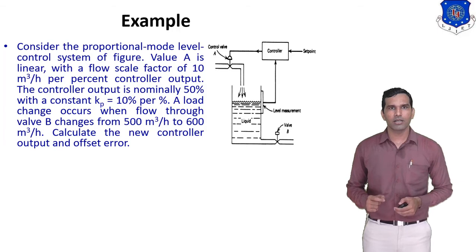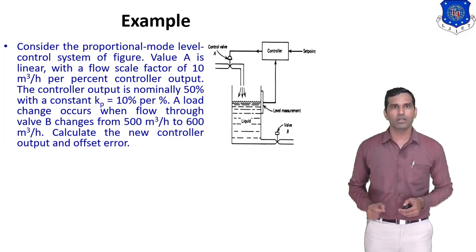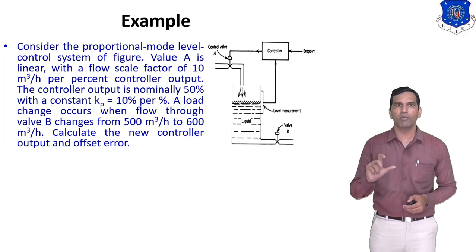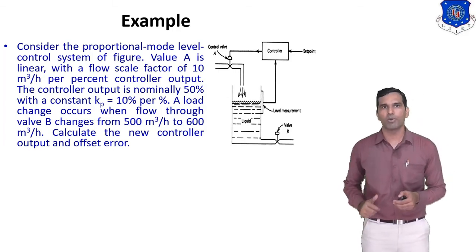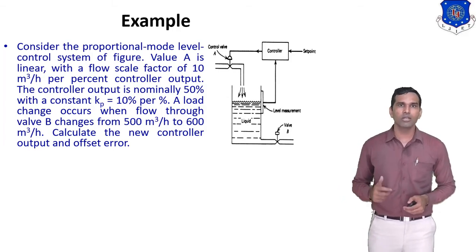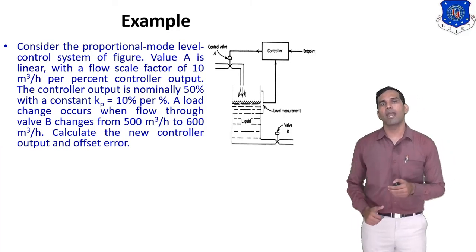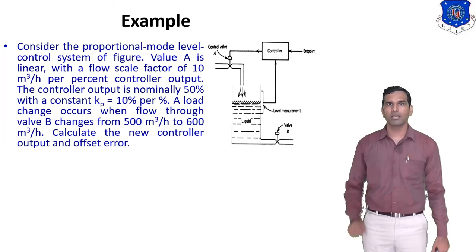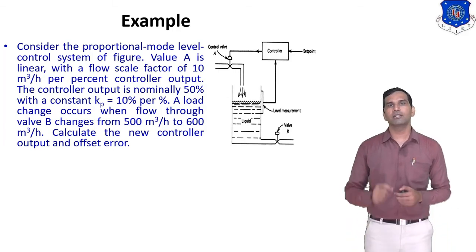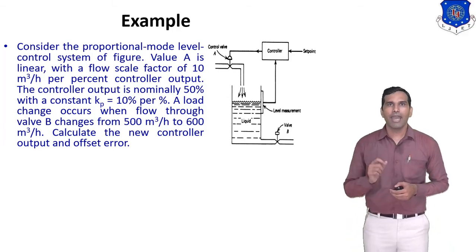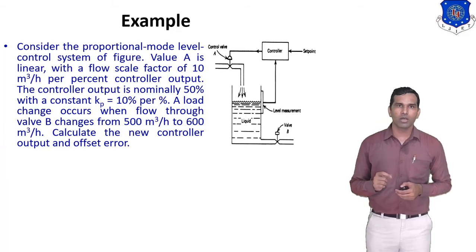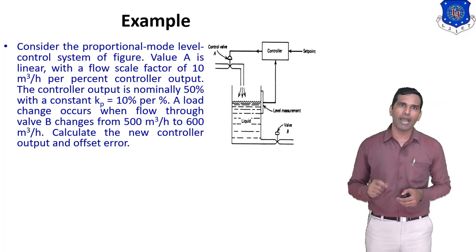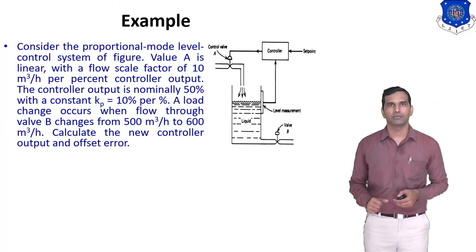A load change occurs when the flow through valve B changes from 500 meter cube per hour to 600 meter cube per hour. Calculate the new controller output and offset error. So here we are given Kp, that means the gain is 10%, and we have to find the controller output and offset error.